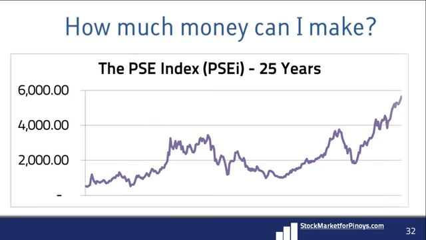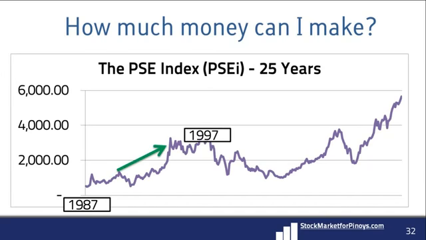What I'm showing you now is the chart of the PSE index, or PSEI, over the past 25 years. The PSE index is a basket of different companies from different industries in the Philippine stock market. In a way, it represents the whole direction of the Philippine stock market. As you can see here, in 1987, the price of the PSEI was less than 1,000 pesos.